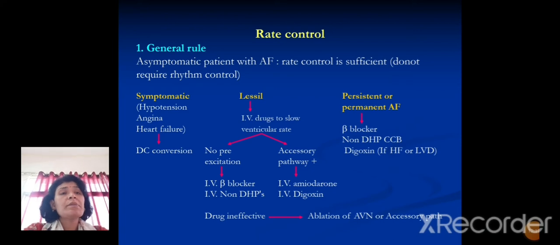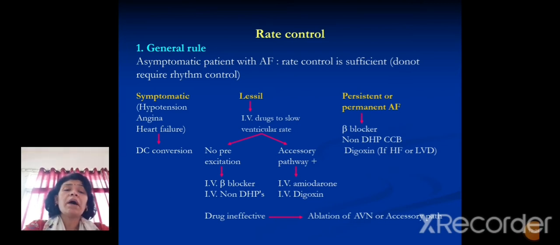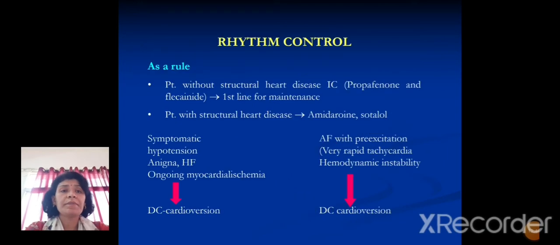In cases with persistent or permanent AF, for maintaining the rate control, we give beta blockers and non-DHP CCBs, and in settings of heart failure or LV dysfunction, digoxin can be given for rate control. When drug therapy is ineffective, then we have to go for ablation of the AV node or accessory pathway.